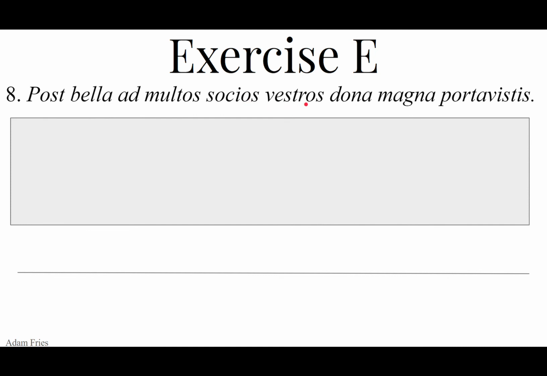Vestros, from vester, vestra, vestrum, your plural, y'all's many allies, the many allies of ye. Dona, from donum, neuter, gift, something that you give, from dare. This is going to be plural because it's neuter, either the nominative or accusative. So it will be either the subject, gifts, or a direct object. So something will happen to the plural gifts in the accusative case.